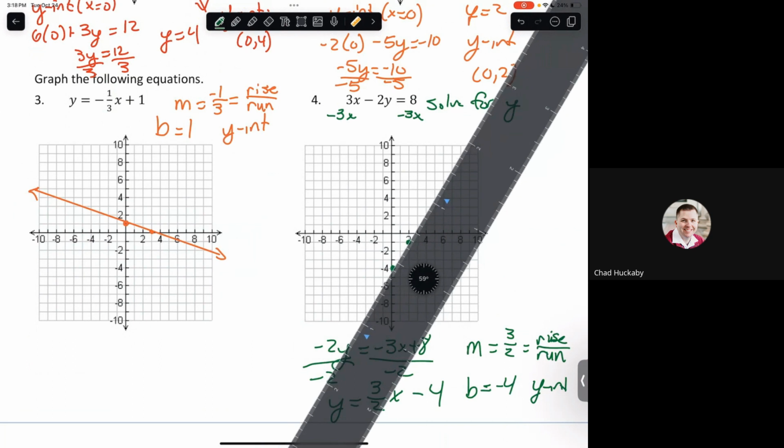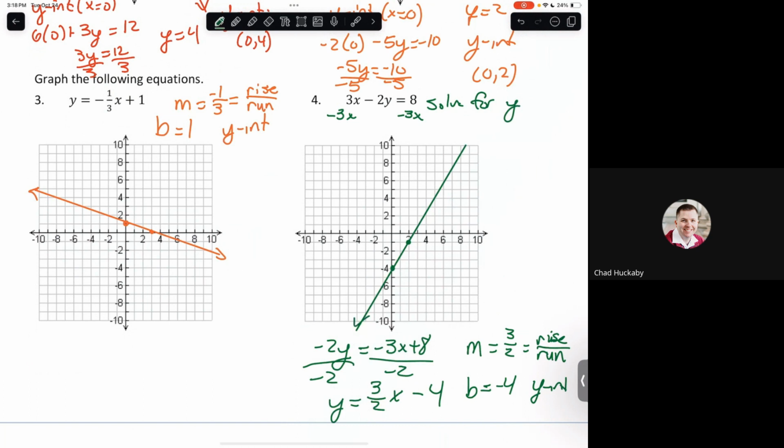Get it to go through both points. And that's how you would graph that line. Are we good to move on from there? Yes, sir.